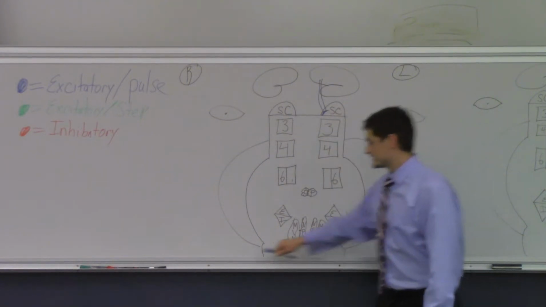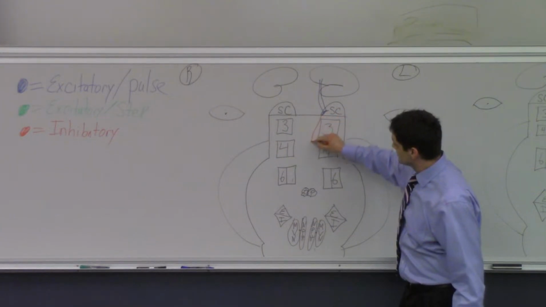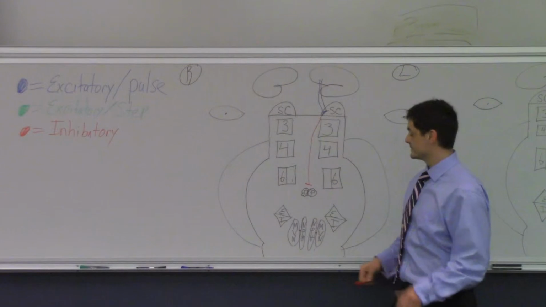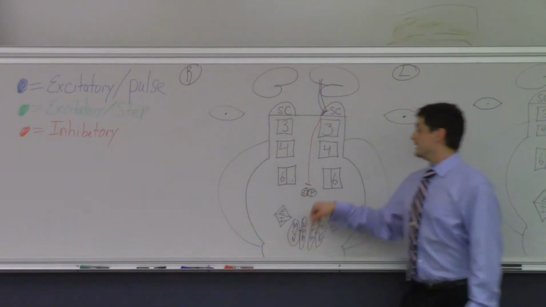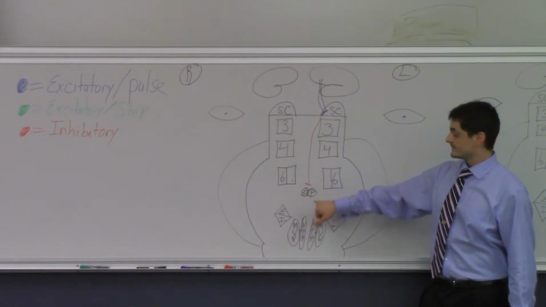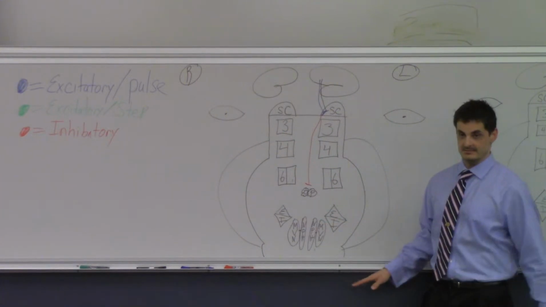Superior colliculus is going to fire down to, one, the omnipause neurons. Omnipause, they're going to fire down to inhibit them. The omnipause neuron's job is to tonically inhibit all burst activity.